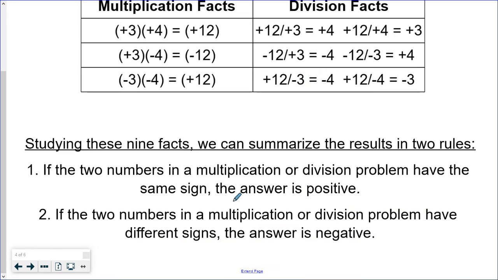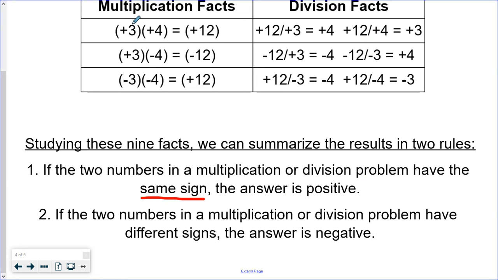Okay? Now, when we study these 9 facts, we can summarize the results with these two rules. If the two numbers in a multiplication or a division problem have the same sign, which means they're both plus, or in here, they're both negatives, the answer is going to be positive.